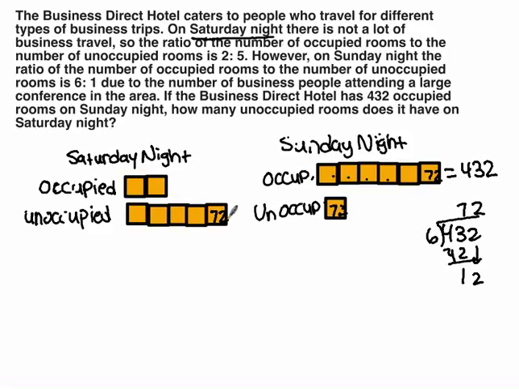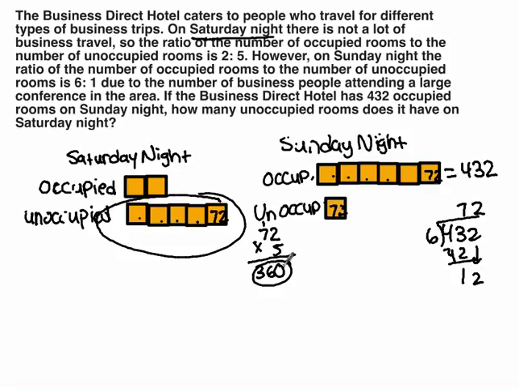So how many unoccupied rooms does it have on Saturday night? Well, that's going to be this section, and you have 1, 2, 3, 4, 5 blocks that are 72. So it'd be 72 times 5, which is 360. And that would be the answer.